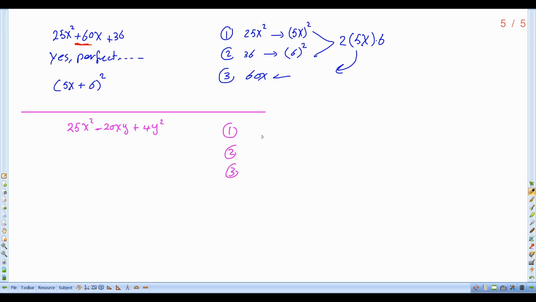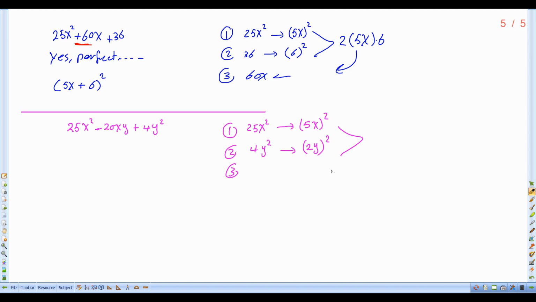Is the first one a perfect square? 25x to the power of 2, yes, it's a perfect square. It can be written as (5x) all to the power of 2. And the last term, 4y squared, is it a perfect square? The answer is also yes, because it can be written as (2y) all to the power of 2.